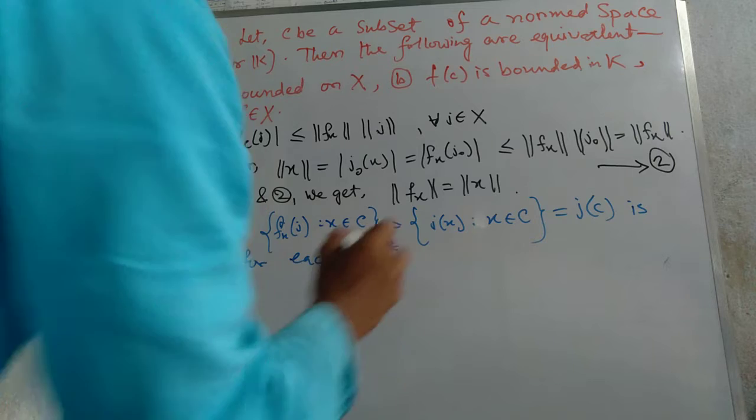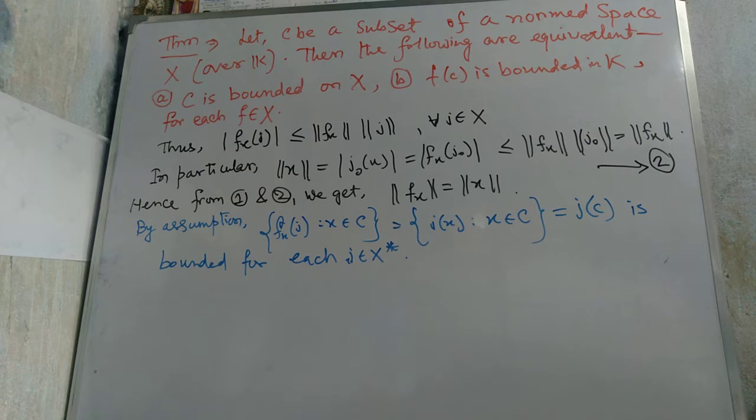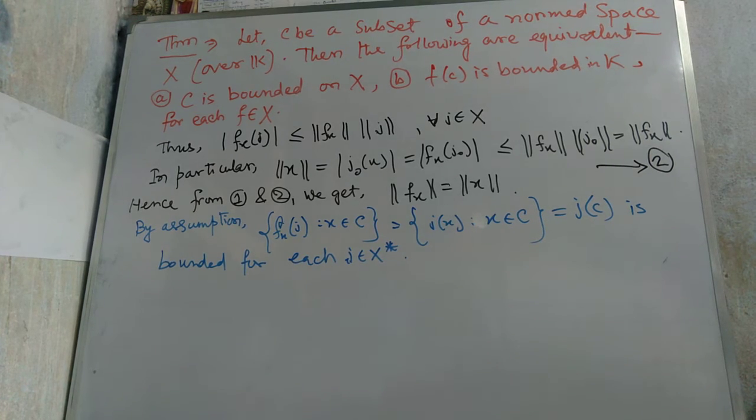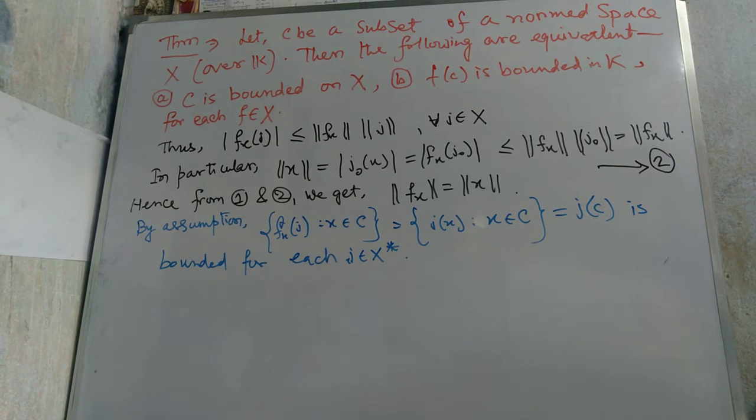Okay, so by assumption, f_x j(x), x belongs to C, equal to j(C), is obviously bounded for each j belongs to X dual.